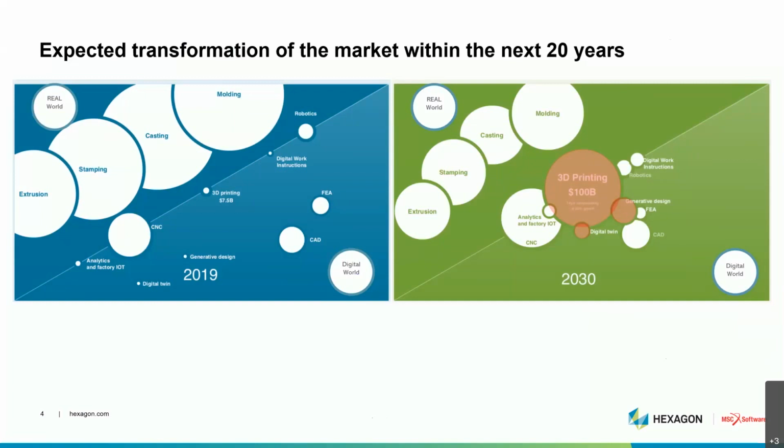Oh, it is very small, but this will grow as well. So we see that, fitting to what Ralf Sundermeier said, we expect to get a lot more digital in the next 12, 20 years. But this might change as well, because you know that due to the current situation, a lot of people are working from home.